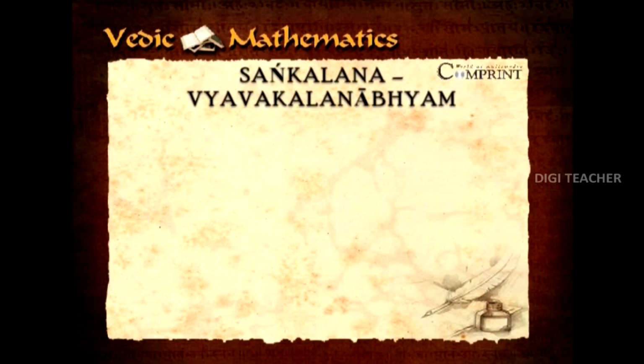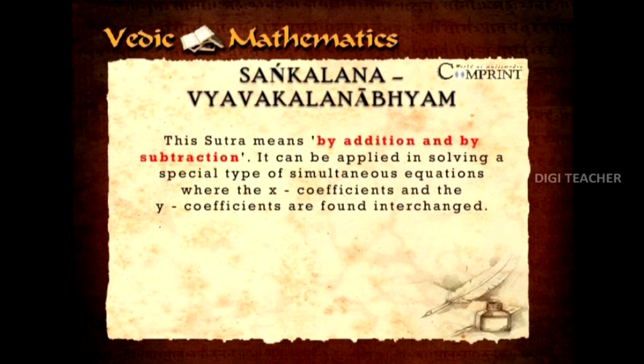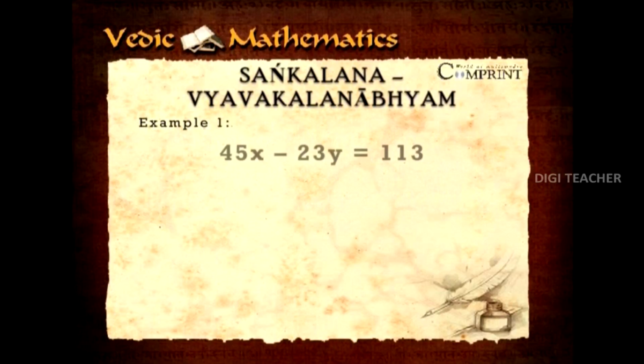Sankalana Vyavakalanabhyam. This sutra means by addition and by subtraction. It can be applied in solving a special type of simultaneous equations where the x coefficient and the y coefficient are found interchanged. For example, 45x minus 23y equals 113, and 23x minus 45y equals 91.